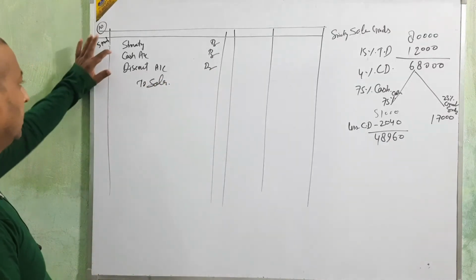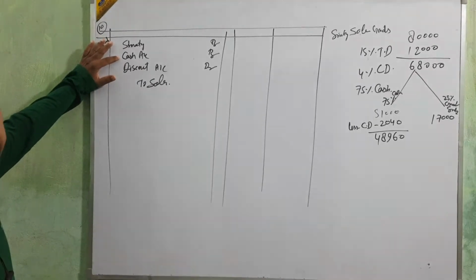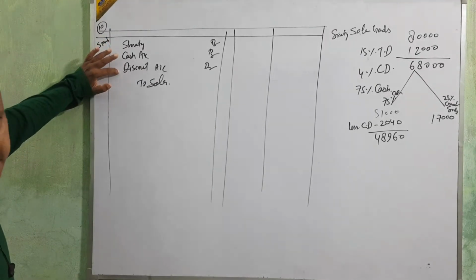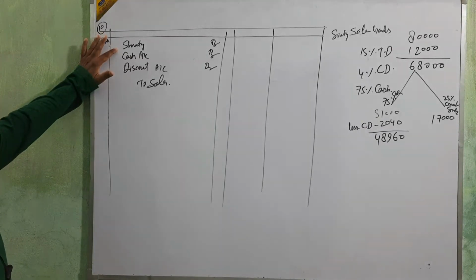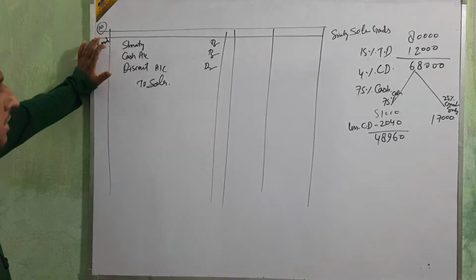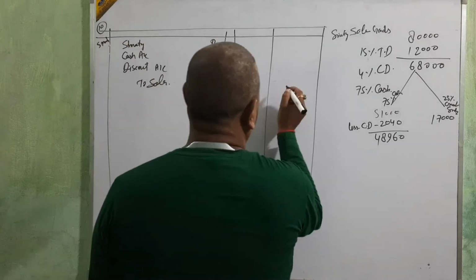Clear the things? Cash we are receiving, so debit. Discount we are giving, so expense, so debit. And Shruti is receiving the goods, so debit. Now go for the amount in sales.